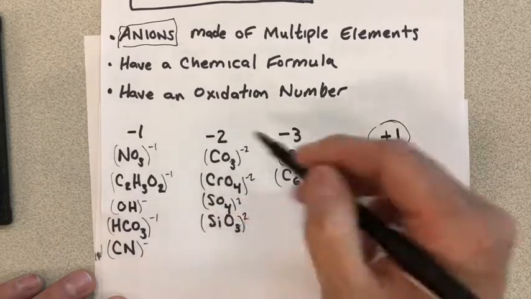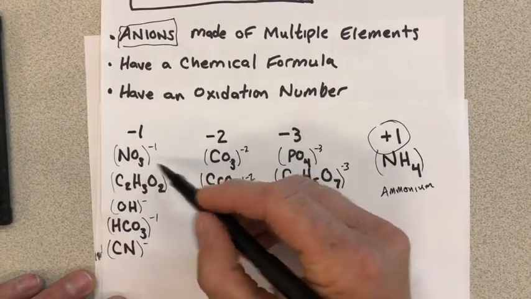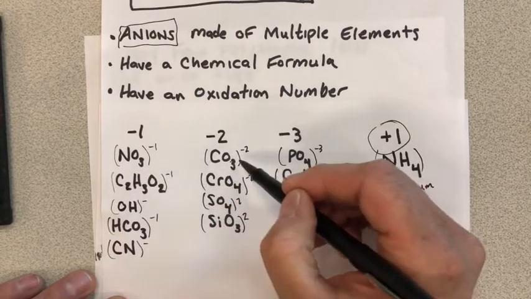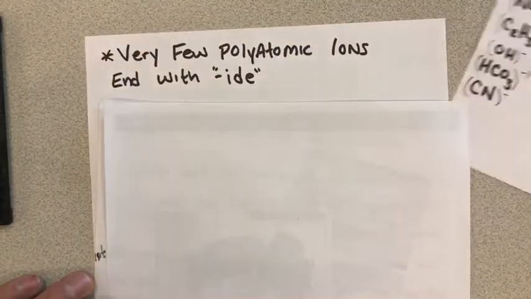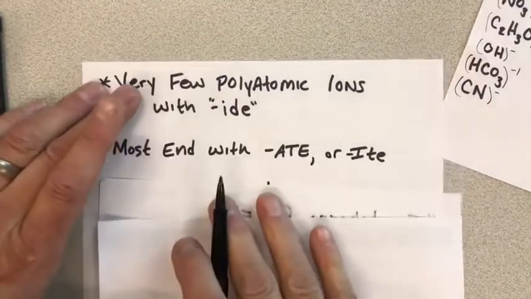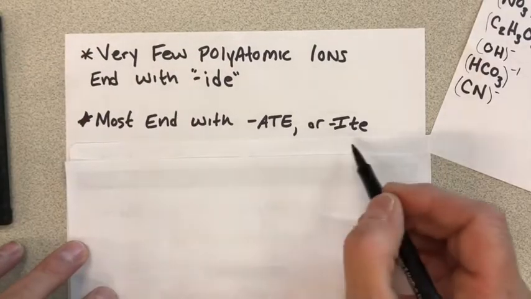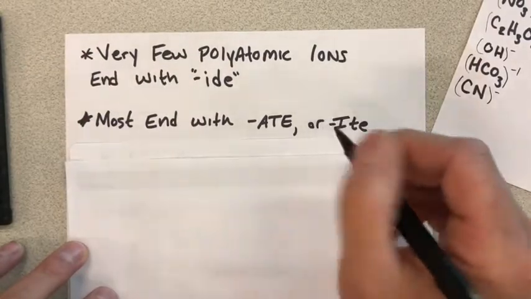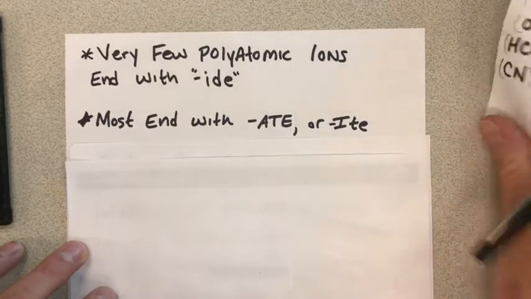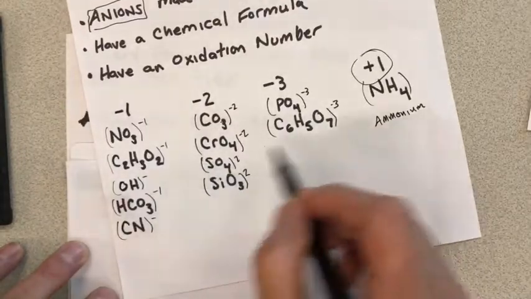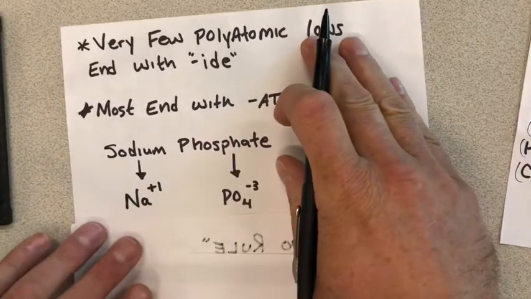But almost all of these end with ATE, like nitrate, acetate, carbonate, chromate, sulfate, and so on. And so that ending ATE, or possibly ITE, should indicate to you that you're not dealing with a monatomic ion from the periodic table, you're dealing with a polyatomic ion from this list of polyatomic ion formulas.